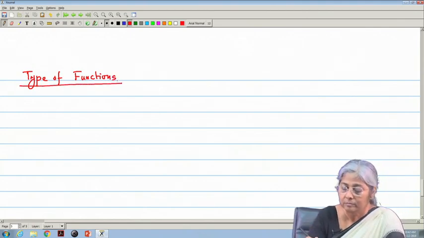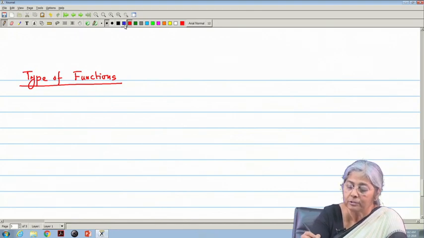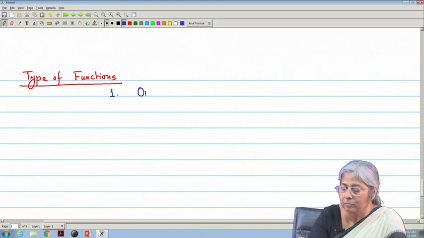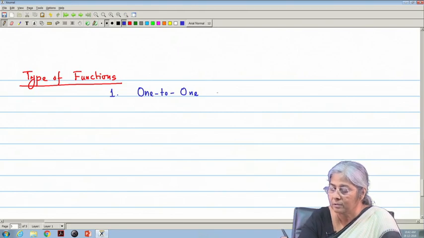One is called the one-to-one function, or injective.